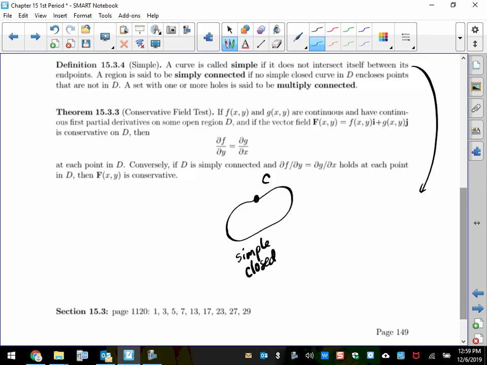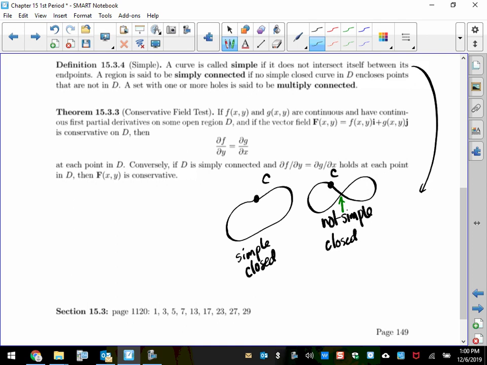It's closed because the start point and end point connect. This curve would be not simple because it intersects itself. So we can draw a little arrow right there. It intersects itself, so it's not simple, and it is closed because it starts and ends in the same location.